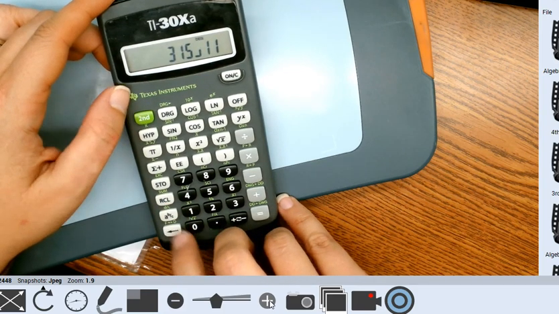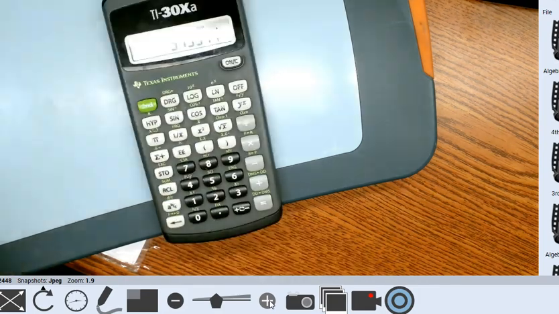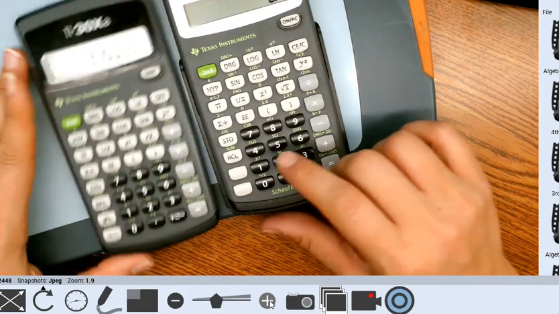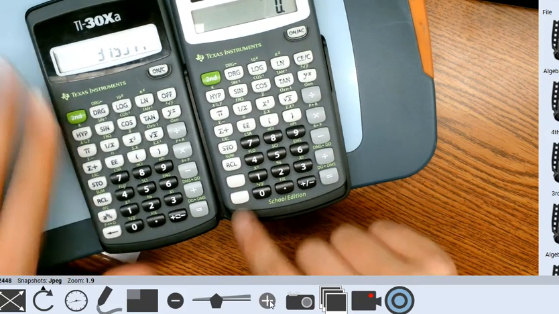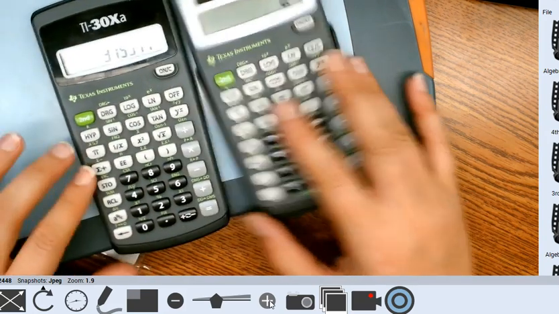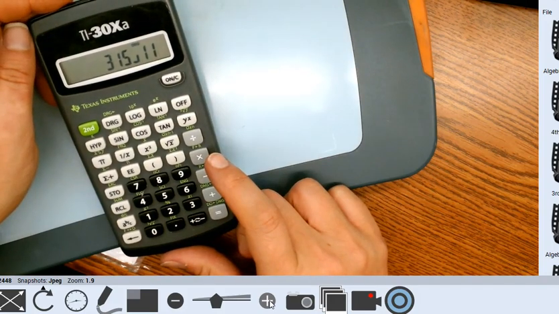If you have the solar version, unfortunately the solar version does not have these two buttons and will not do this. So the solar version has these two blank buttons, so it doesn't have this capability. But if you have the normal TI-30XA, battery operated, then it has these two fractional buttons, and you're able to reduce fractions just simply by using your calculator.